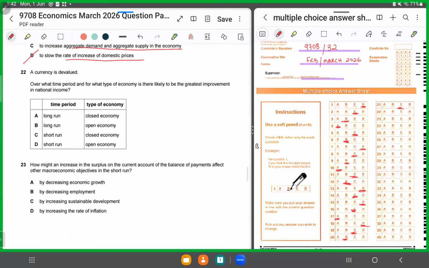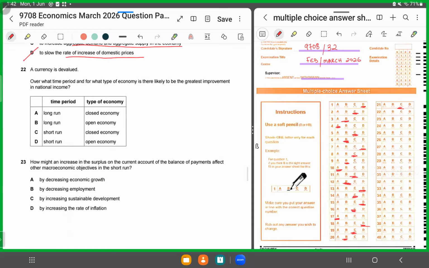Moving forward, MCQ number 22. MCQ number 22 says a currency is devalued. So you reduce the exchange rate over time period, and what type of economy is there likely to be the greatest improvement in national income. So if you devalue, the economy must have been an open economy. That means it participates in international trade.